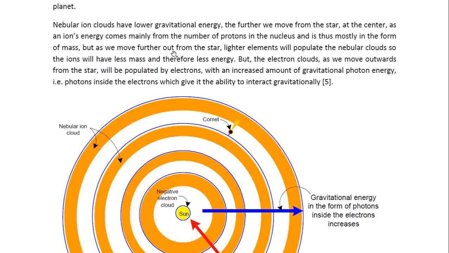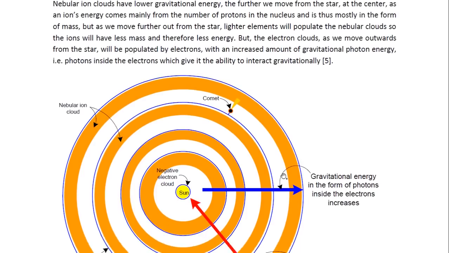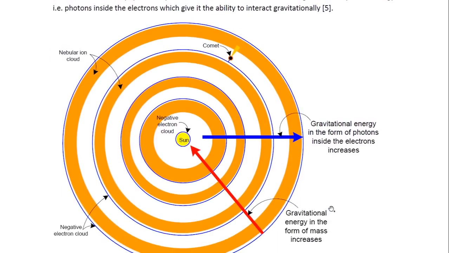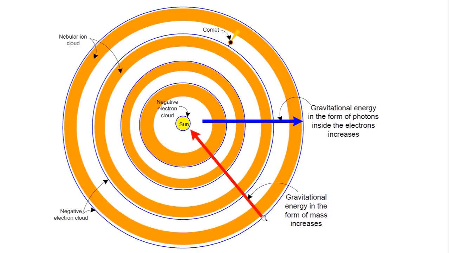But as we move further out from the star, lighter elements will populate the nebula clouds, so the ions will have less mass and therefore less energy. So this is illustrated here. The gravitational energy in the form of mass increases towards the center of this system of clouds. Well, for the sun, it's what we call the solar capacitor.